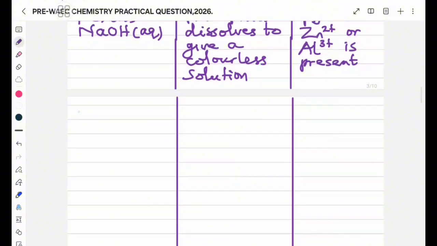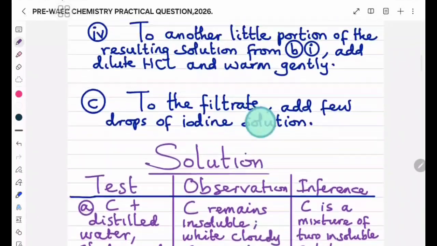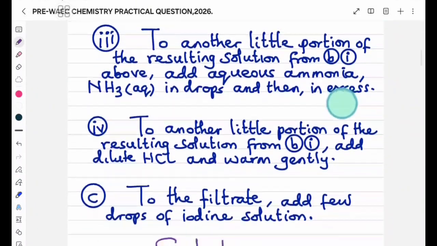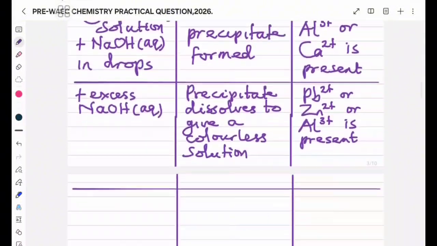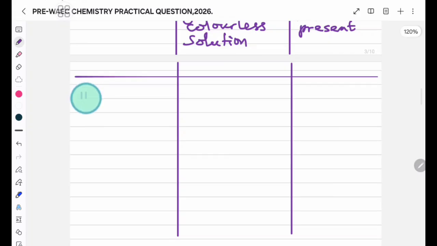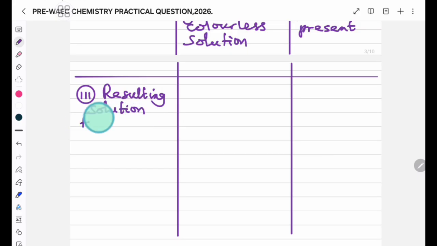Now we are done with that test. Let's go to the next test. The next test, we are using another precipitating reagent, which is aqueous ammonia. Aqueous ammonia is also a common precipitating reagent used in qualitative analysis. So take another refreshed portion of the resulting solution, and add aqueous ammonia in drops.